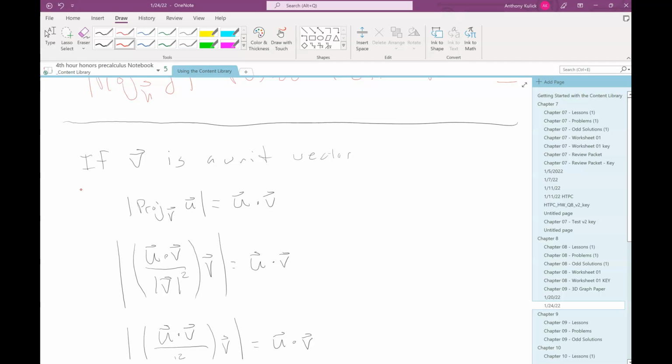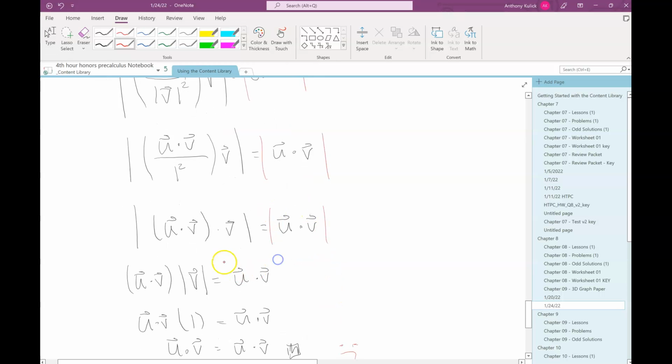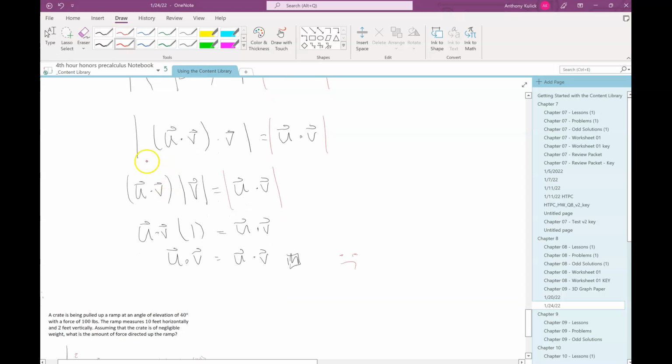The dot product, can that be negative? Yes. So really we need an absolute value symbol around this. But that's okay because when I pull the dot product out of the magnitude, again, that gets an absolute value around it. So everything is fine.